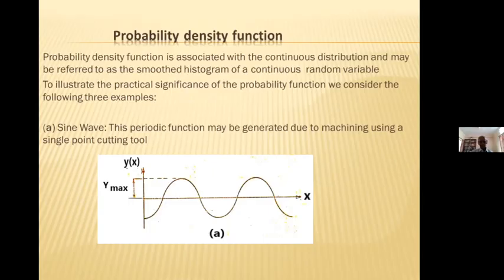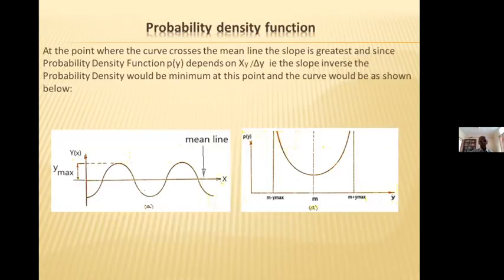Now, what would be the probability density function of this curve? The simple way of finding this is to look at the slope of this curve. The slope of this curve, where it crosses the mean line, is maximum.